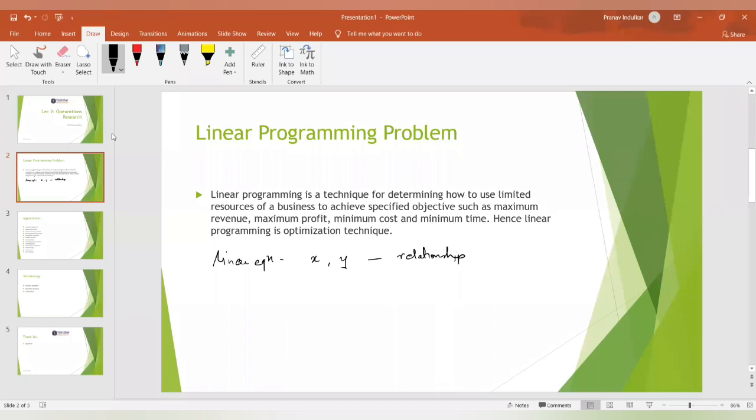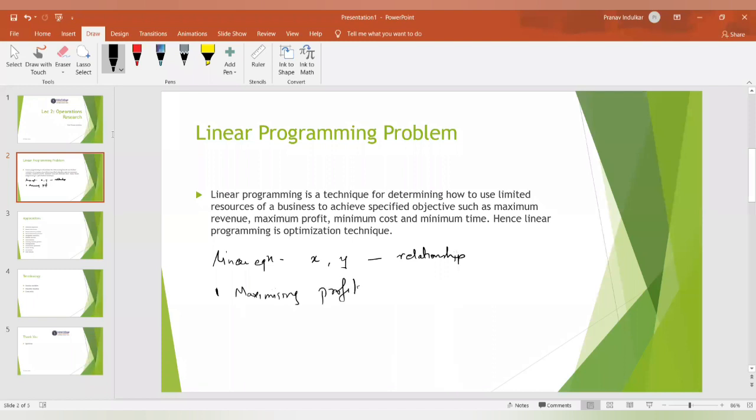So similar to linear equations, linear programming technique also helps us in determining how limited resources in a business can be used to attain specific objectives. Yesterday we had done those business objectives. Number one, maximizing profit.